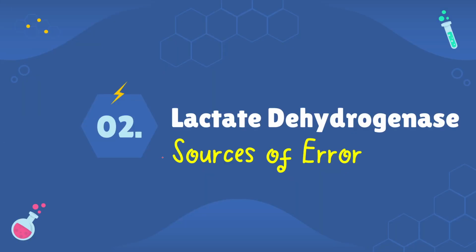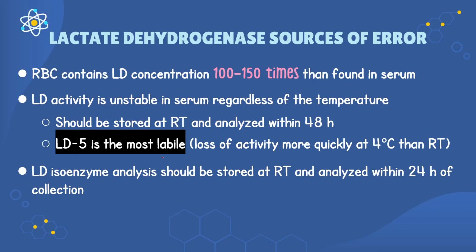So how about the sources of error of your lactate dehydrogenase? Now again, your red blood cell has a very high concentration of your lactate dehydrogenase, therefore hemolyzing the sample is not allowed.